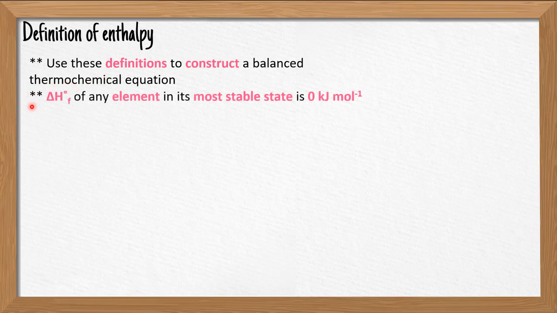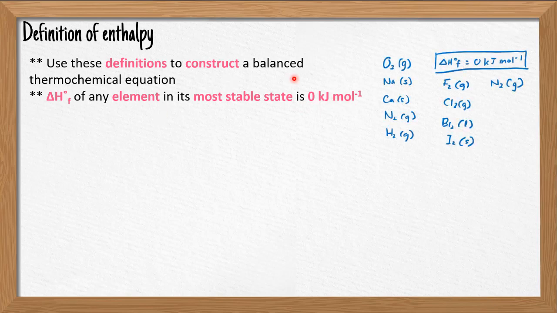This is an additional point for you. Standard enthalpy of formation for any element in its most stable state is 0 kilojoule per mole. So for example, oxygen O2 is in gas phase. Sodium, potassium, calcium, barium, copper exist as solid atoms.